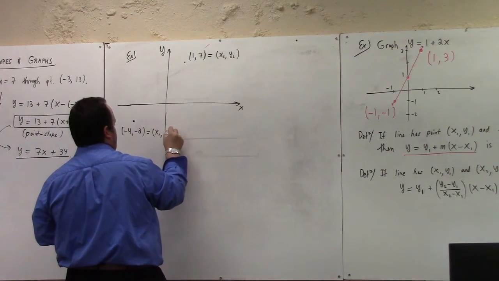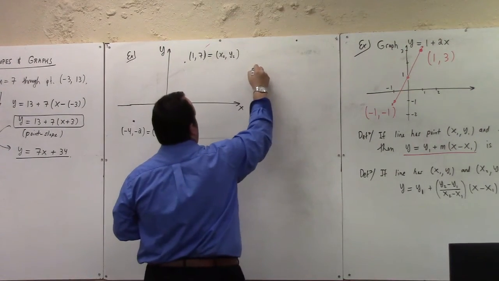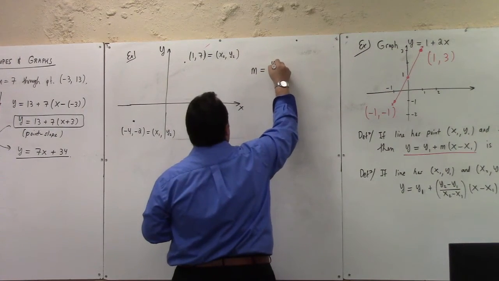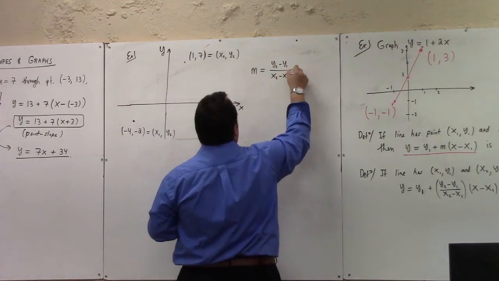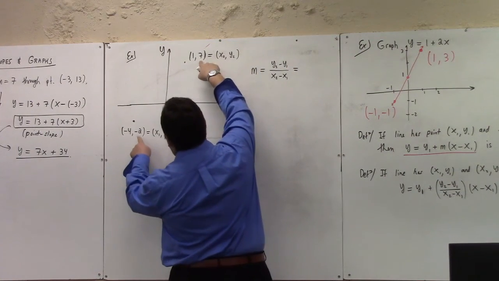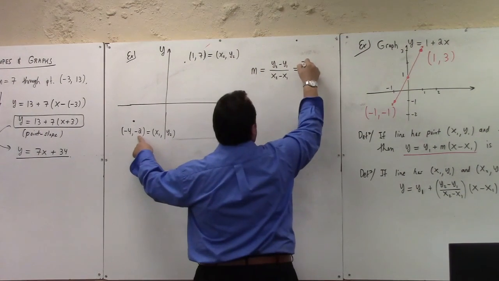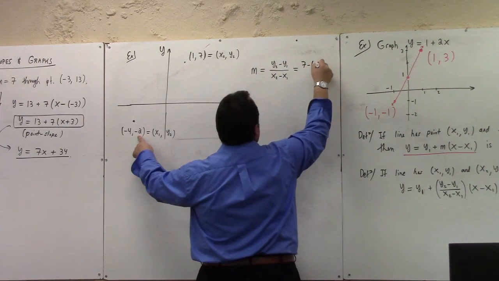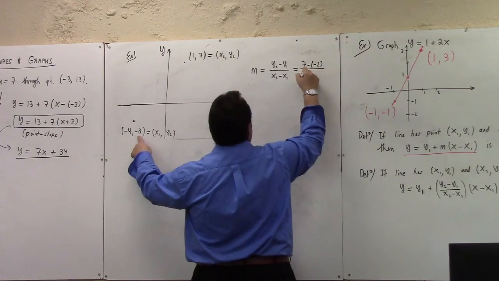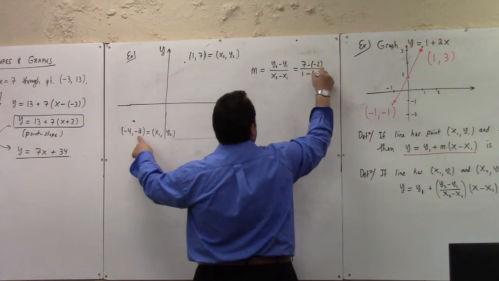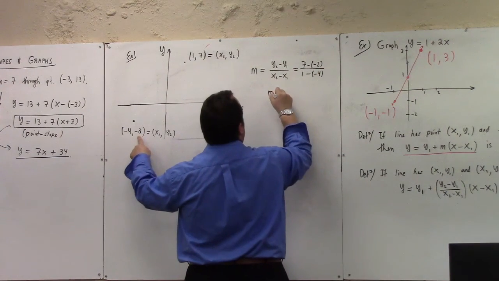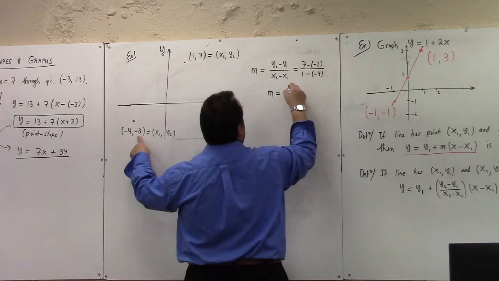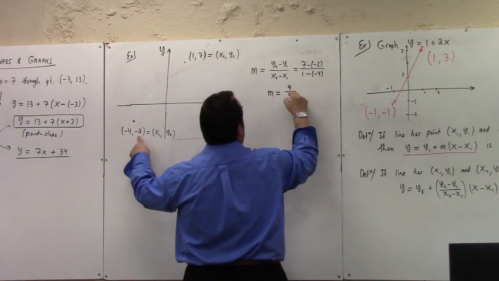So what's the slope of the line? 7 minus negative 2, right? Divided by 1 minus negative 4. So what's the slope? Looks like 9 over 5.